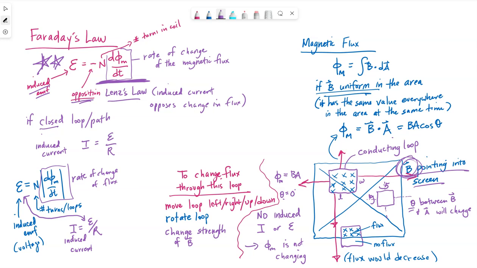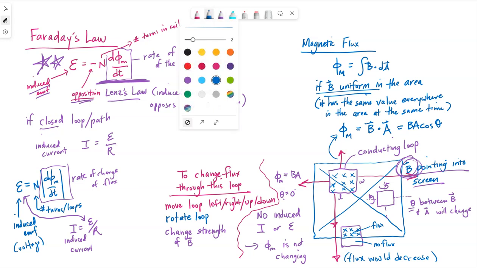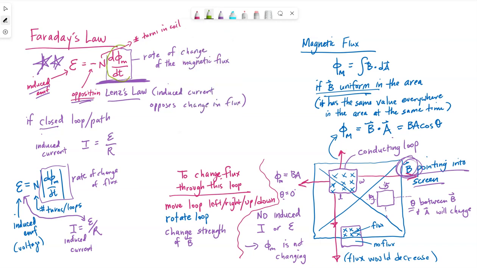So I'll do those in separate videos, but please, one of the biggest things to keep in mind here is this rate of change, whether we're looking at the original Faraday's law or the one down here. Usually this requires us to take the derivative of the flux equation with respect to time.